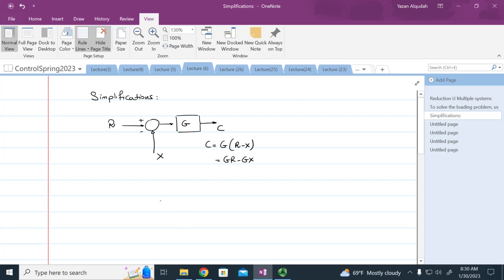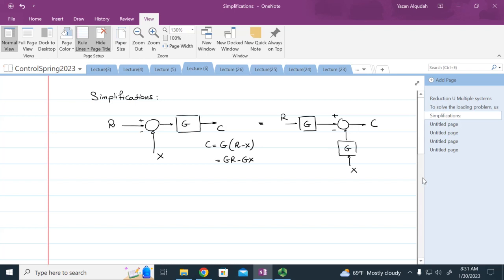I can change this representation into the following. I can take R multiplied by G, and there is another G, and this is an X. What is C going to equal to here? GR minus GX. Same thing.